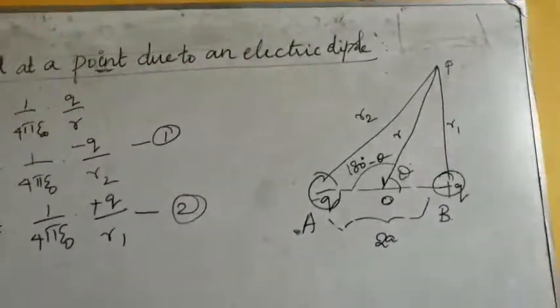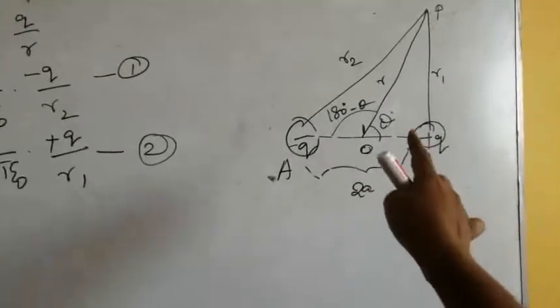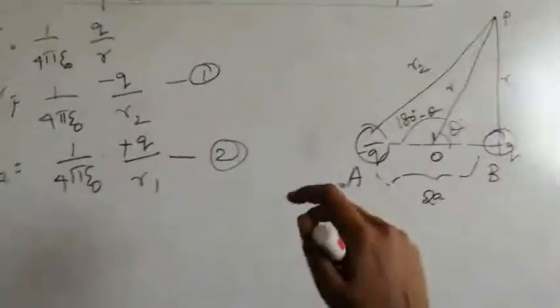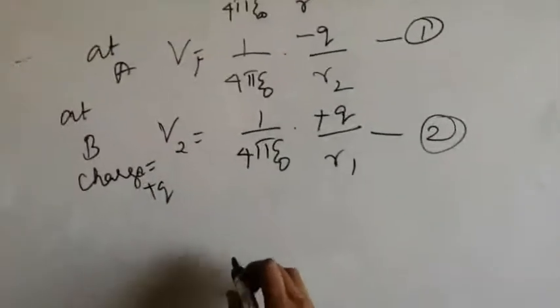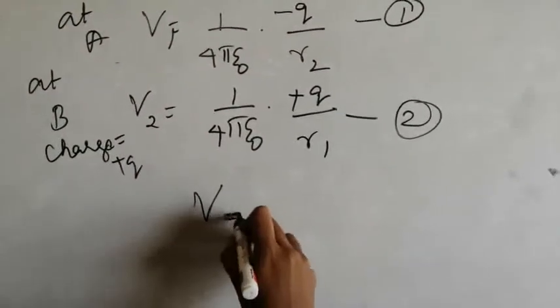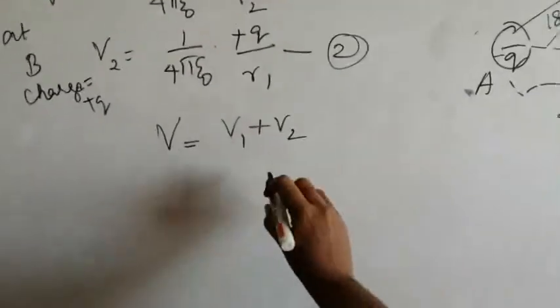So you are going to calculate the potential V due to these two charges of the dipole, which means you have to add both potential values. So the total potential V is equal to V1 plus V2.